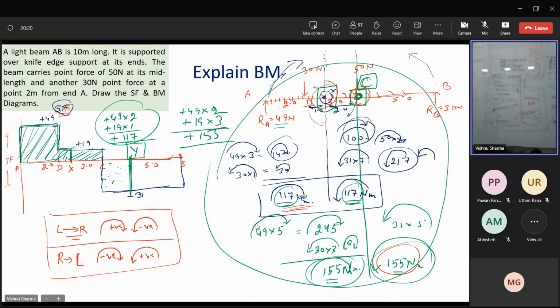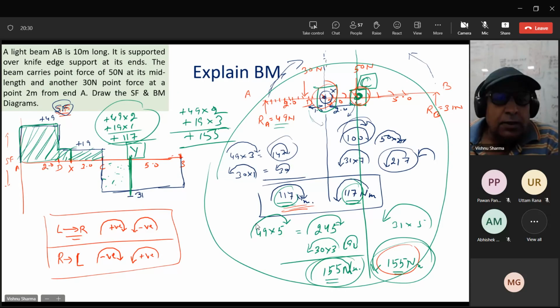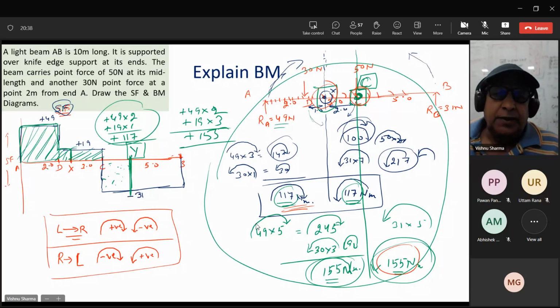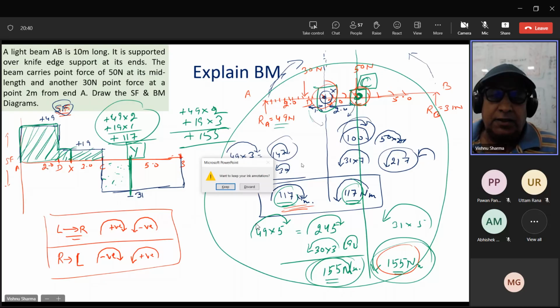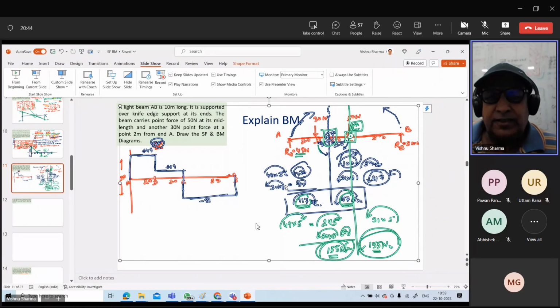If you have no questions to ask, then I'll take this first question all over again from the beginning. I'll write all the steps and I'll do the complete question all over again, right up to the bending moment. And please, if you have any questions regarding even the shearing force, please interject then and there.